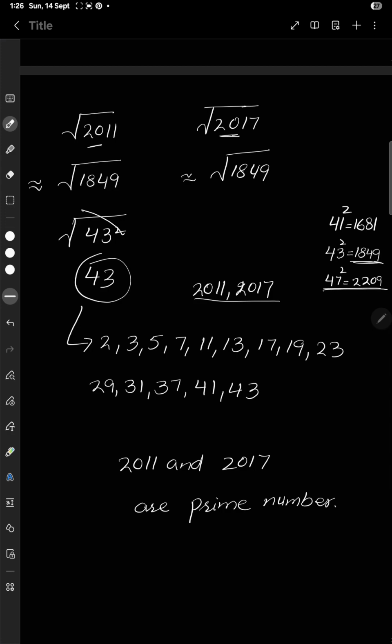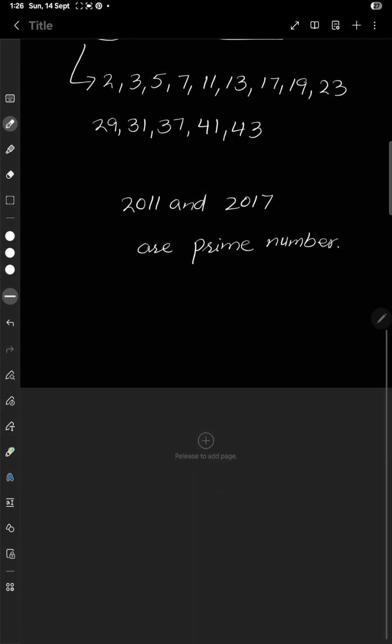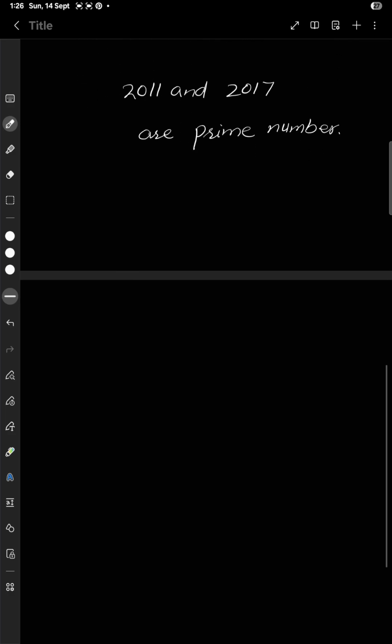Now we will do the B part of this question, question number 7. In the B part, they are asking to find the prime numbers from 2021 till 2030.